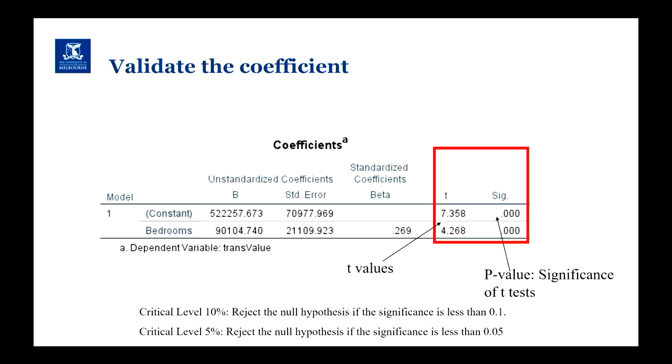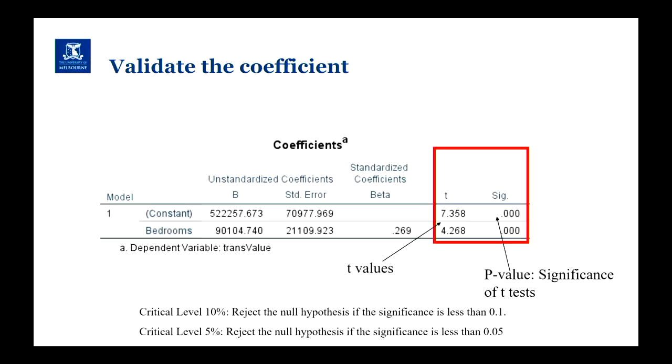Normally, in statistics, we adopt 5%, which means we reject the null hypothesis if the significance is less than 0.05. In this case, are both of the coefficients significant or not?